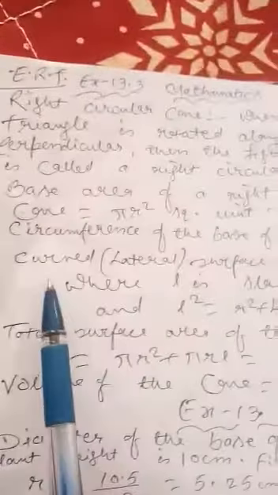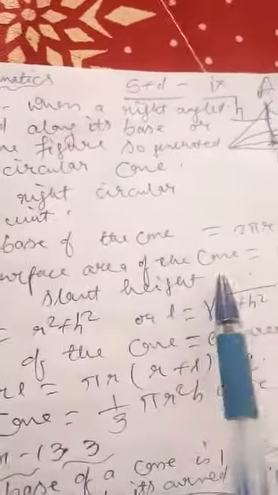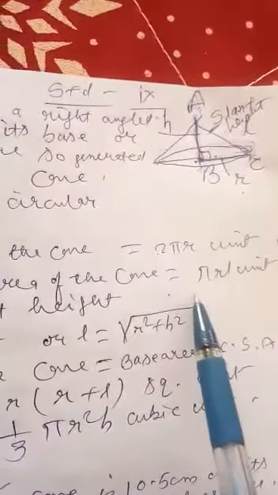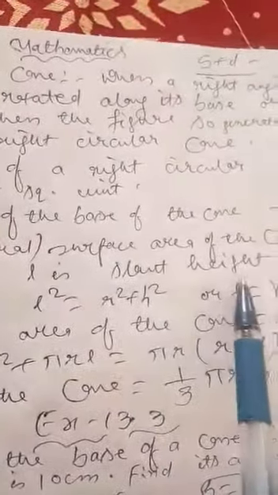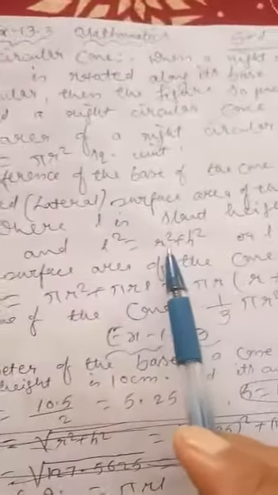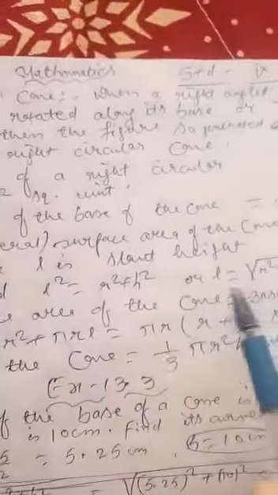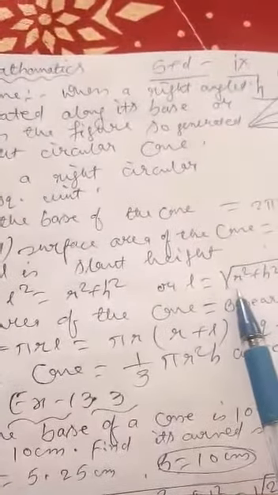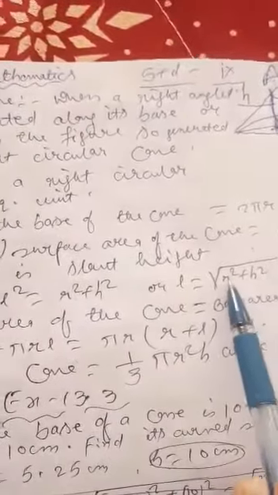Dear students, we can write here, curved or lateral surface area of the cone is equal to pi r L unit. Here L is slant height. So L square is equal to r square plus h square, or L is equal to under root h square plus r square.